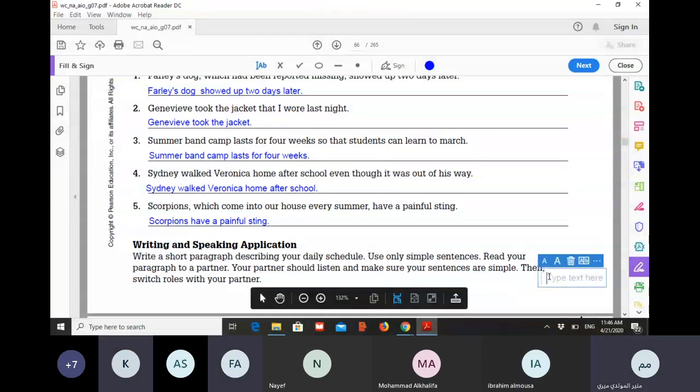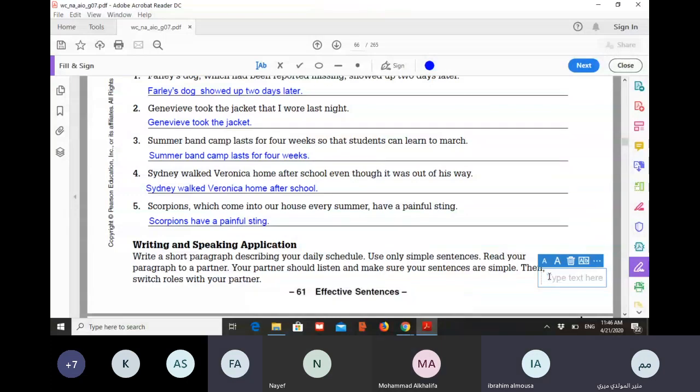Anyhow, okay. So now after you have understood the simple sentence, we are going to move to combining or joining two simple sentences together using a coordinating conjunction. The coordinating conjunctions are what we call fanboys, 7 words. Who can remind me of the fanboys?